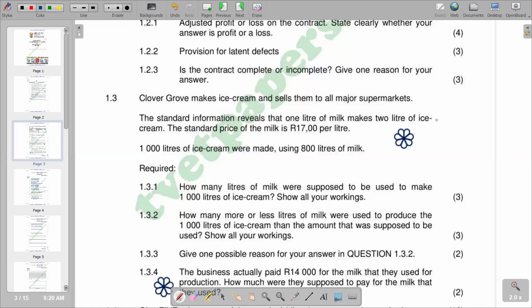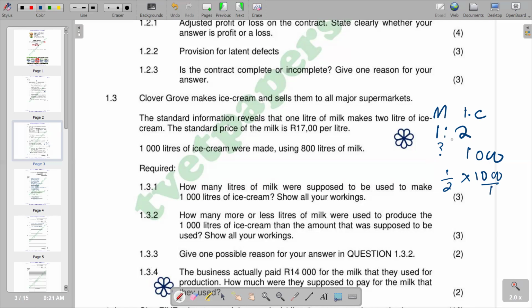So we are saying our ratio is 1:2. In this sense, this is our milk, and this represents our ice cream. So we put 1,000 here. How many liters of milk are we supposed to use? What we don't have is 1, and what we have is 2 as the denominator, then multiplied by 1,000, which is the given figure.